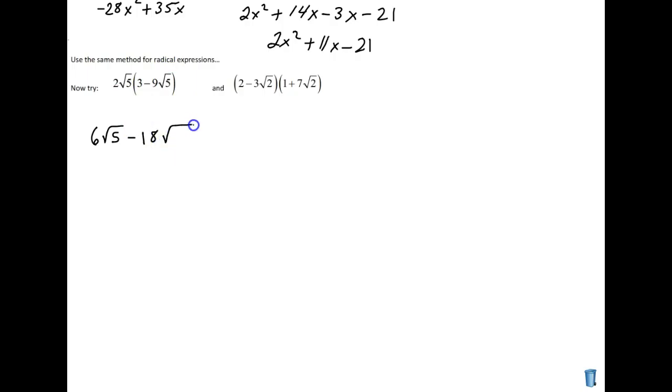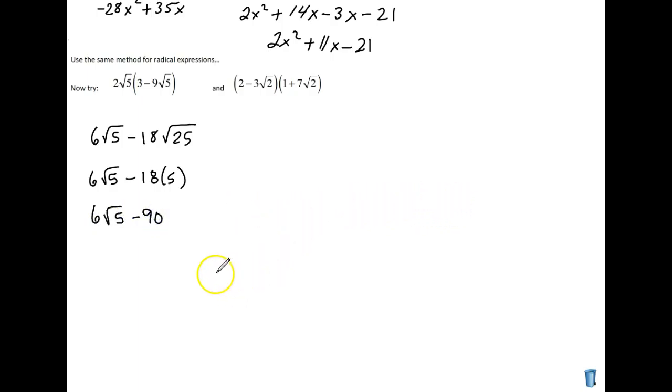And then my radicals, radical 5 times radical 5 becomes radical 25. Well, radical 25 is really 5. So this becomes 6 radical 5, minus 18 times 5. So we have to figure out what 18 times 5 is. Well, that's 90. So this becomes 6 square root 5 minus 90.